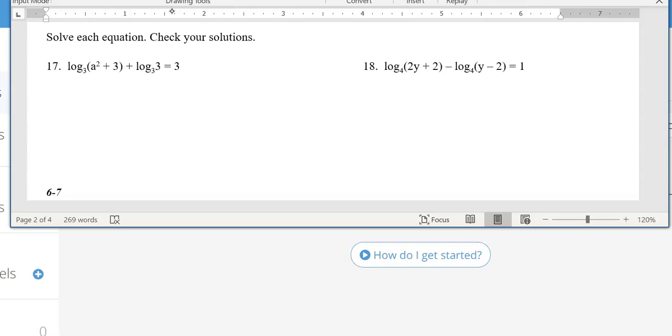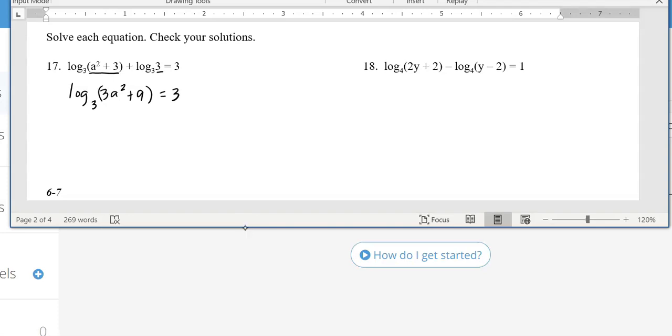We have a property called the product property that says when two different logs of the same base are being added, you can put those together as one log using multiplication. So I'm going to multiply a squared plus 3 times 3: 3a squared plus 9. All right, so I've accomplished turning two logs into one using the product property.